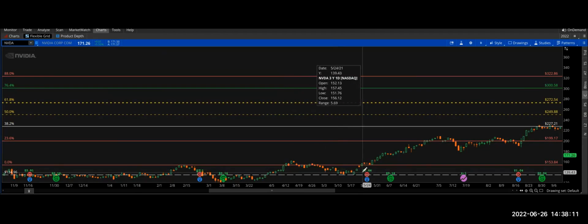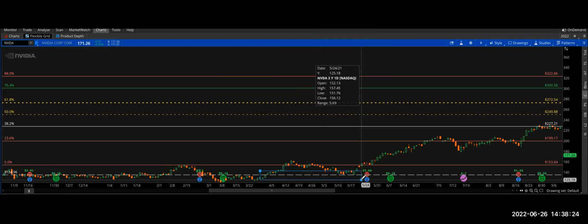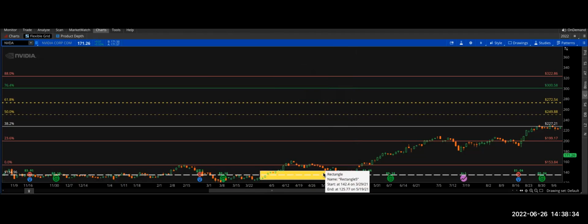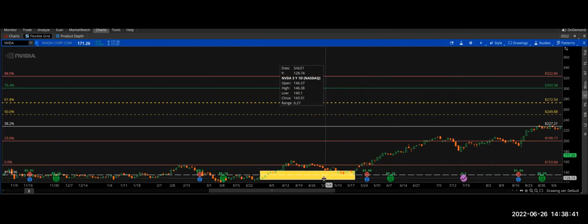So if we were to look at doing option trades, it's almost 2 months in that particular area.